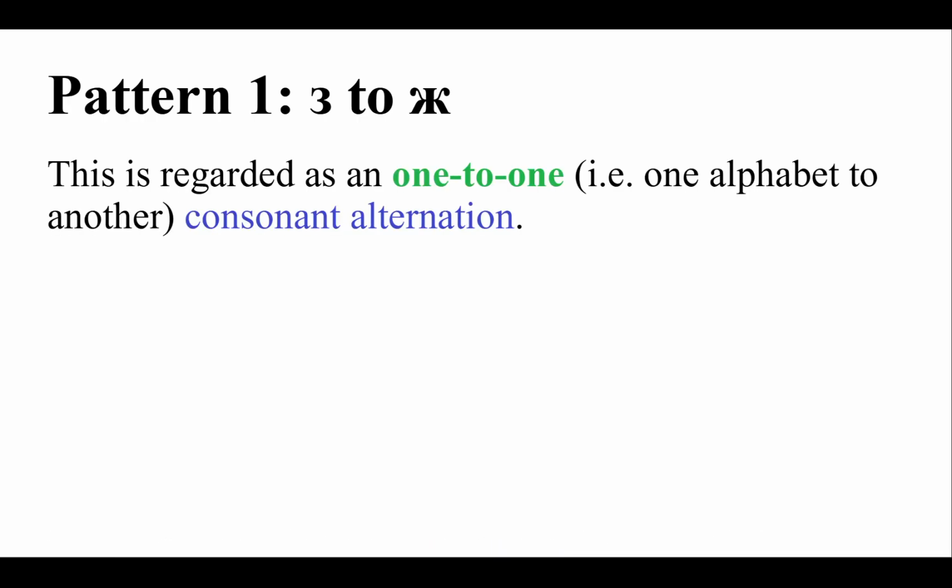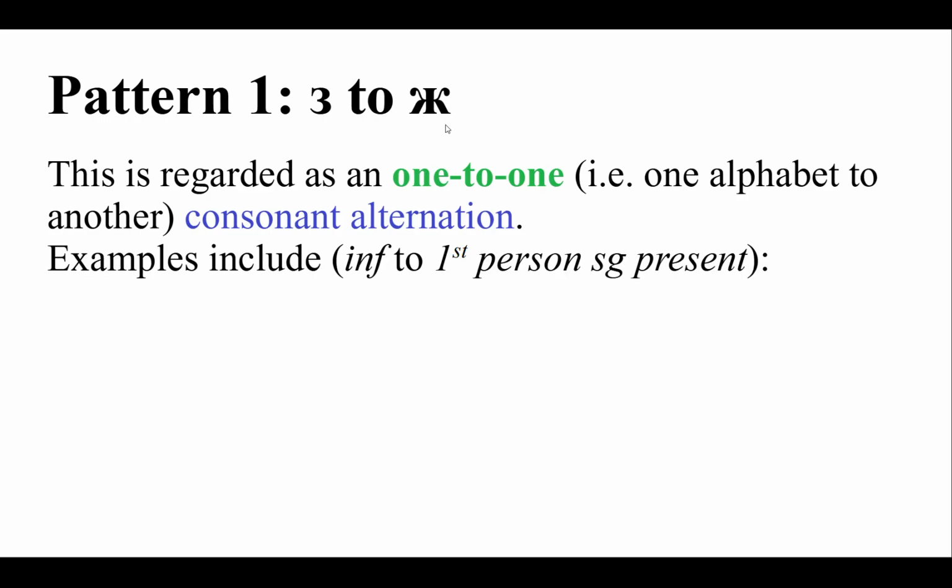The first one is switching the letter to zhe. So this is regarded as one-to-one, that means the correspondence of one alphabet letter to another alphabet letter. That kind of consonant alternation changes the letter to zhe.